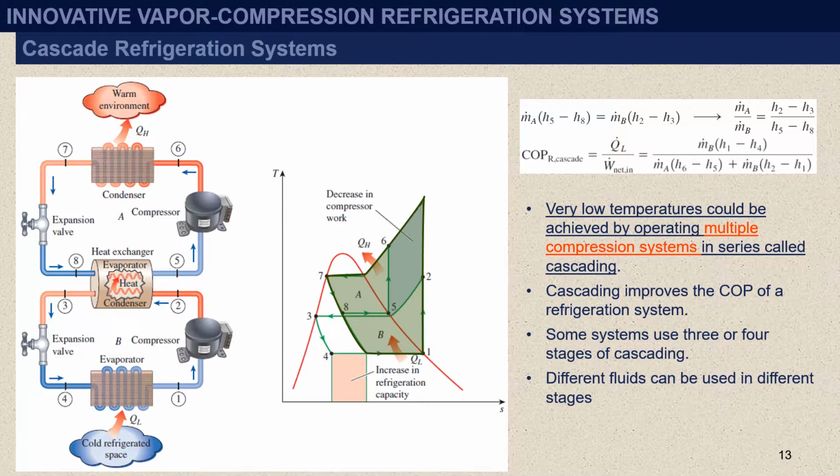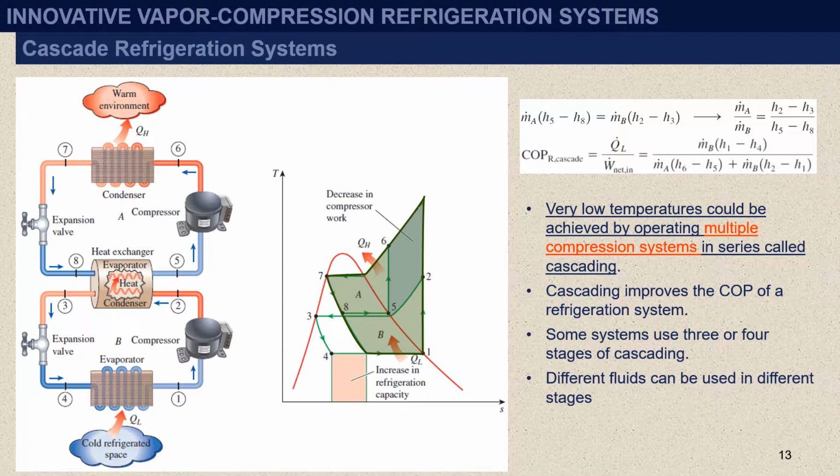In the cascade system shown in the figure, the refrigerants in both cycles are assumed to be the same. This is not necessary, however, since there is no mixing taking place in the heat exchanger. Therefore, refrigerants with more desirable characteristics can be used in each cycle.